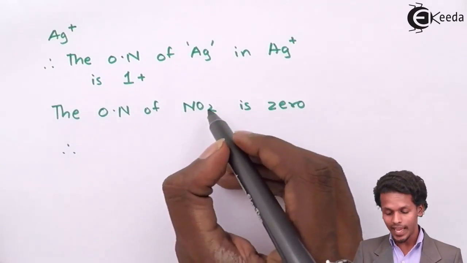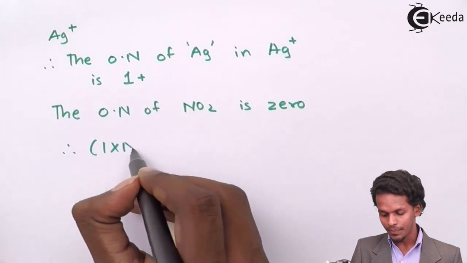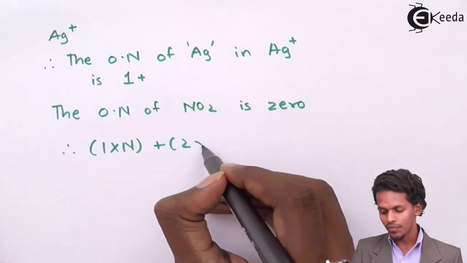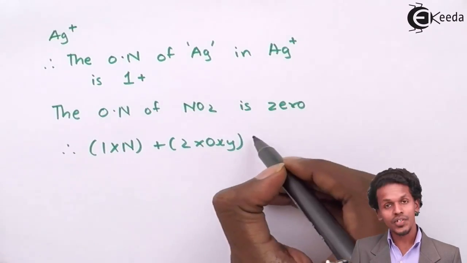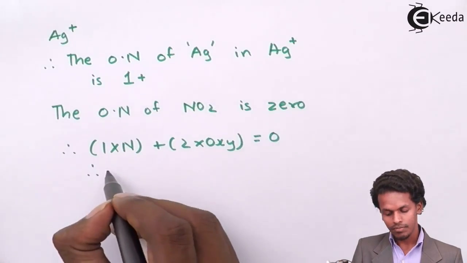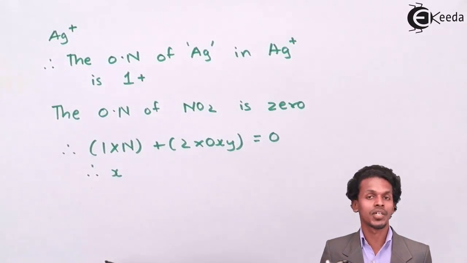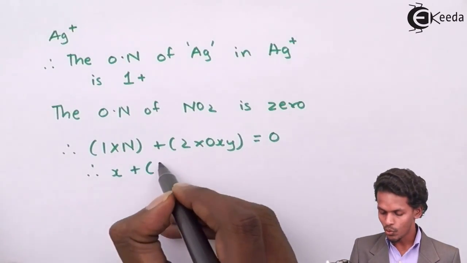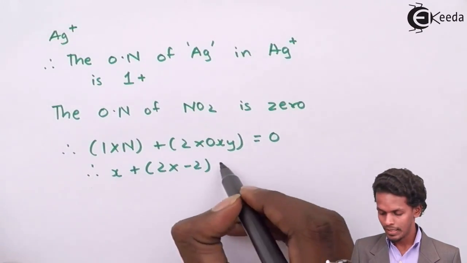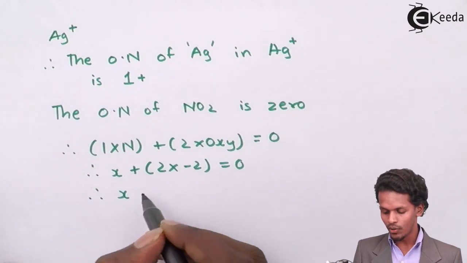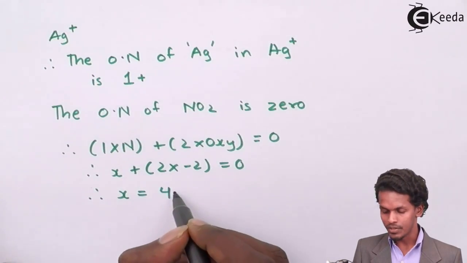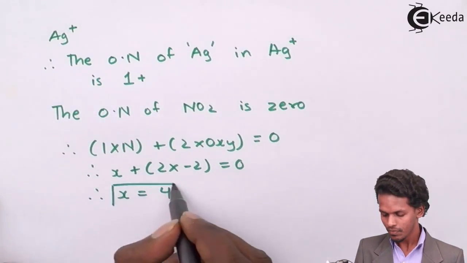Therefore I can represent NO2 as 1 times nitrogen plus 2 times oxygen, and the overall charge is 0. So X plus 2 into -2 equals 0, therefore X has a value of 4 plus, or I could write it as 4.